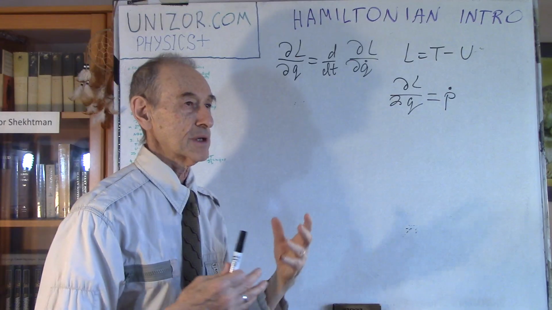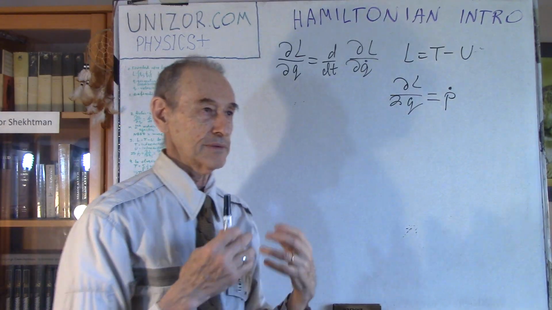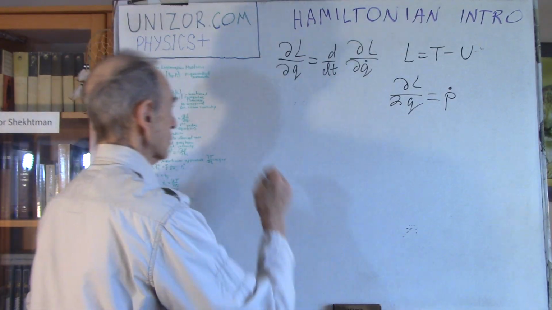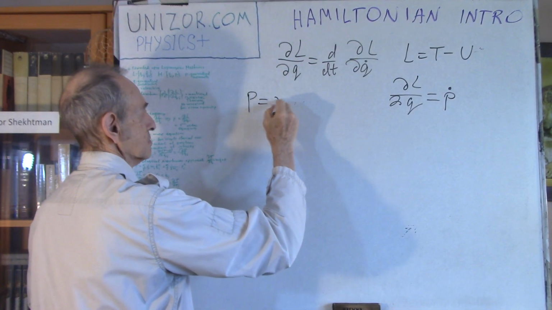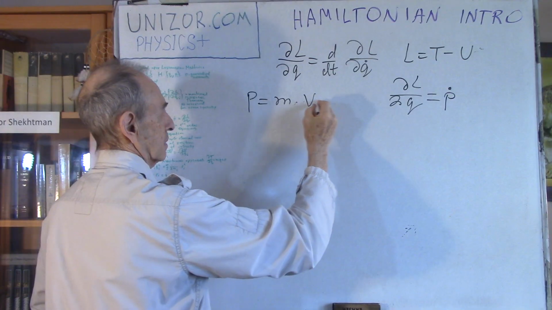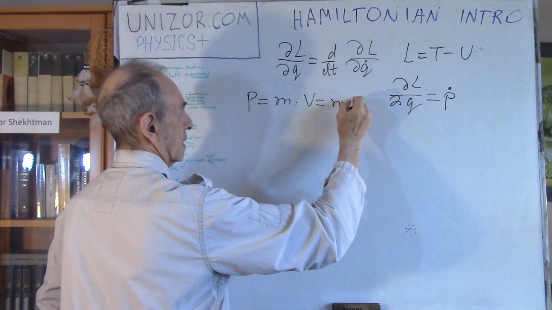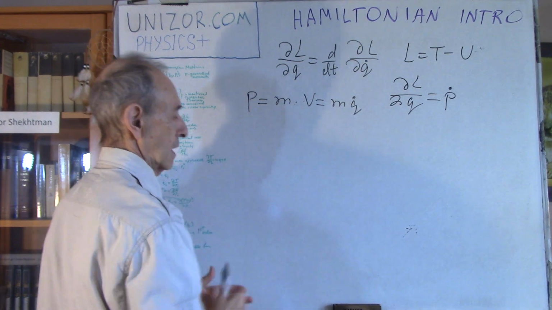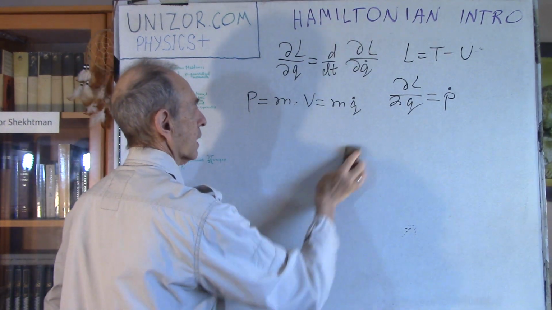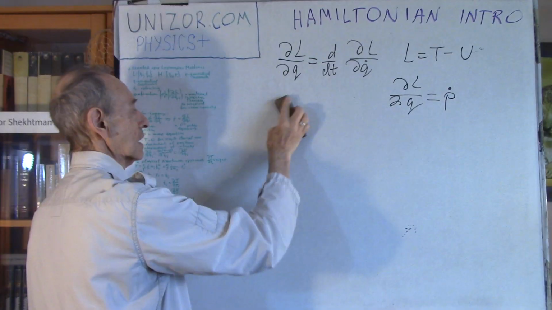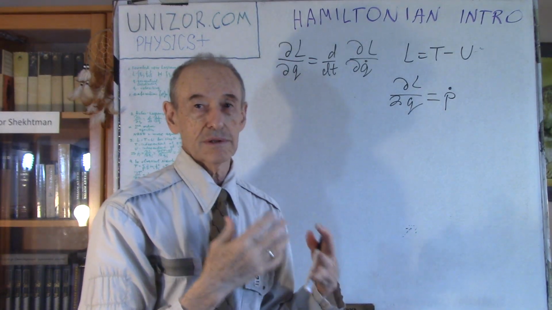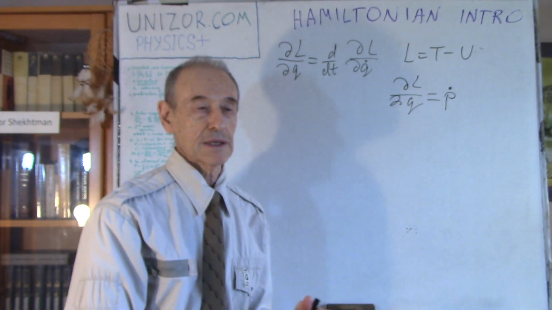This is something which you really have to understand, because in classical mechanics we know that momentum is mass times velocity, and velocity is the time derivative of coordinates. So they are related. Here we are considering them independently because it's not the old-fashioned classical mechanics.